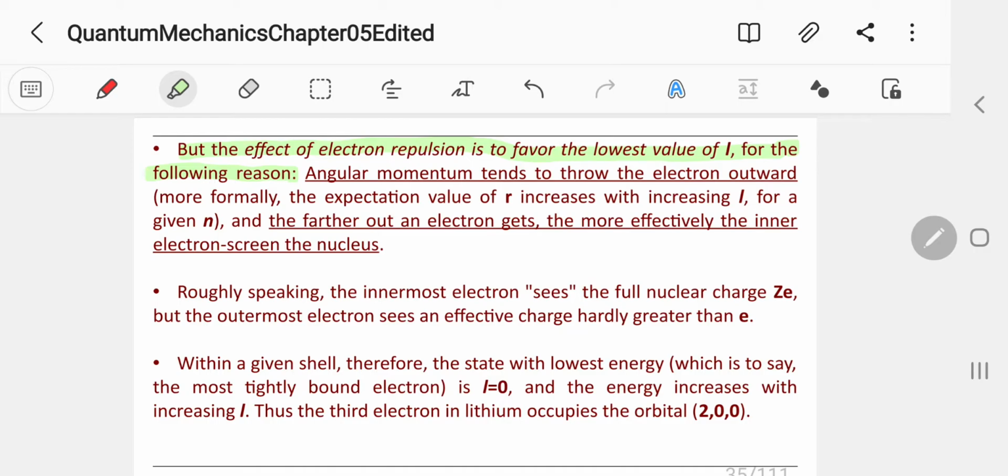More formally, the expectation value of r increases with increasing l for a given n, and the farther out an electron gets, the more effectively the inner electrons screen the nucleus.